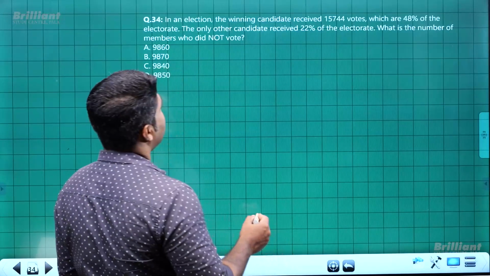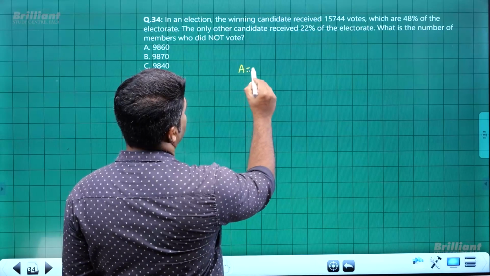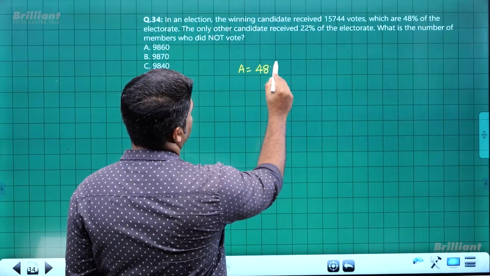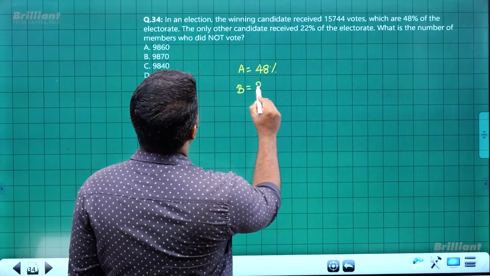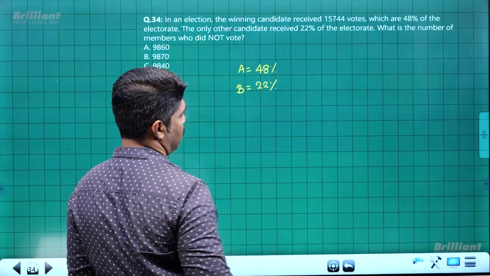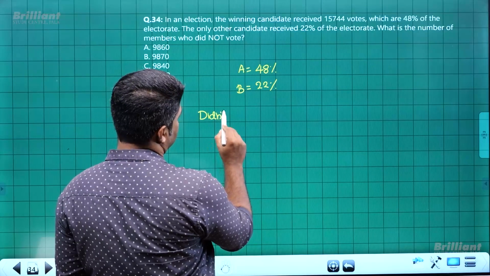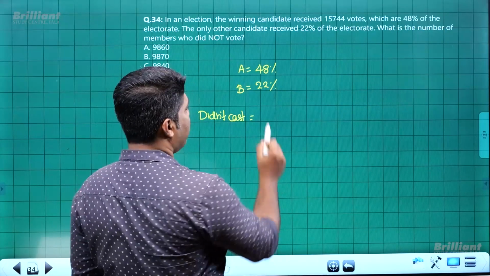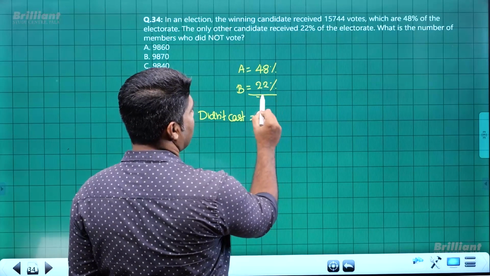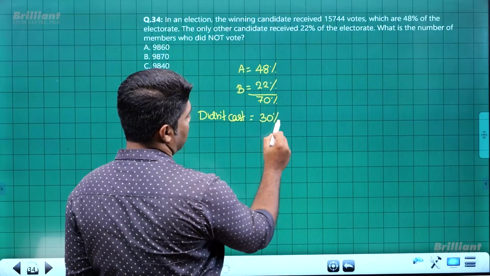So therefore, here we just consider the first candidate who received 48% votes, and the second candidate who received 22% of the votes. Therefore, the number of votes not cast is what we have to find out. When we add these two values, this is equal to 70. So what remains there? 30%.